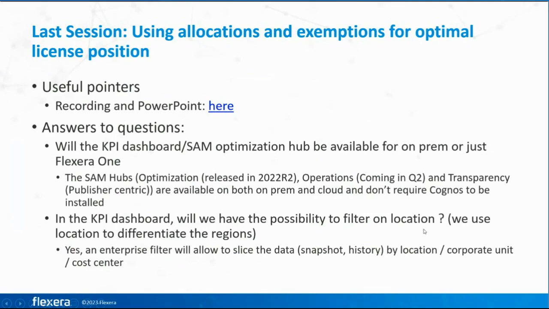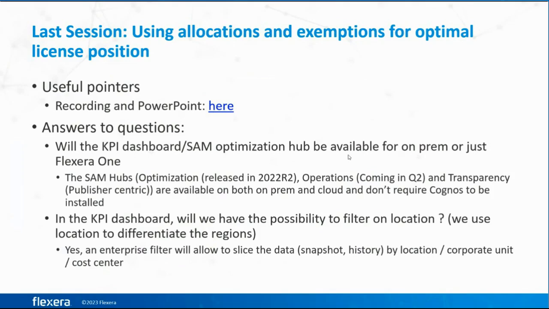You don't need to have Cognos installed. These hubs are using data which is historized in the data warehouse, but we are reading this data with, I would say, native widgets and not using Cognos. So if you're on-premise, if you migrate to 2022 R2, you will get the SAM optimization hub I'm going to present.